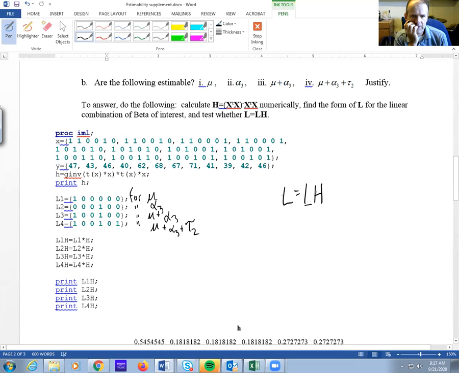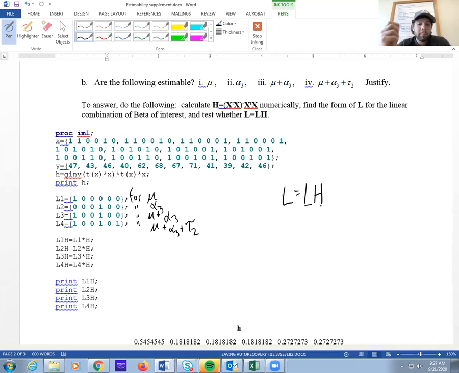That's an interesting question. But I think we have to stick with this general approach and use the whole H. How about if I say it this way: if the summation of those two column vectors is linearly dependent on a different column in the matrix, then it's not estimable? Let's look at your question once we figure this out. That's an interesting question, so we'll look at that.